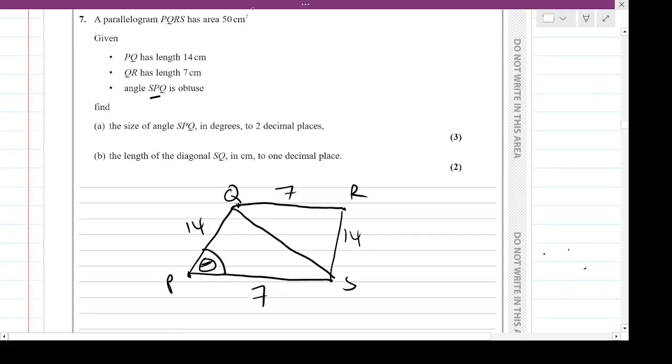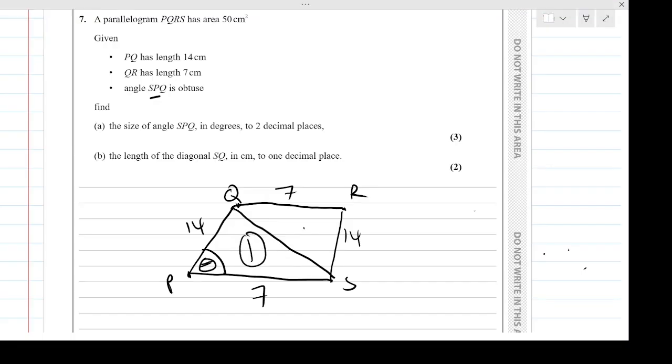I'm told the area additionally is 50. So that means the area is 50 for both triangles together, because I'm splitting it through the diagonal of a parallelogram. If this is triangle 1 and triangle 2, and the total area is 50, then individually they're 25.